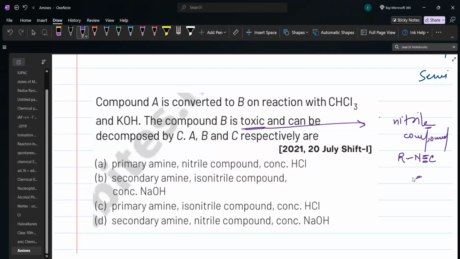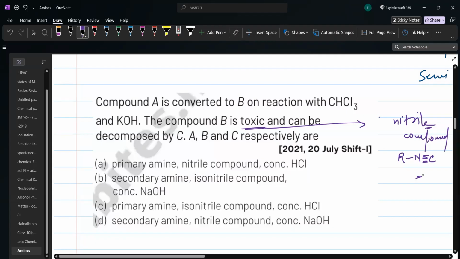So when isonitrile is present in acid, it gets oxidized and forms RNH2. Okay. Yes, sir.